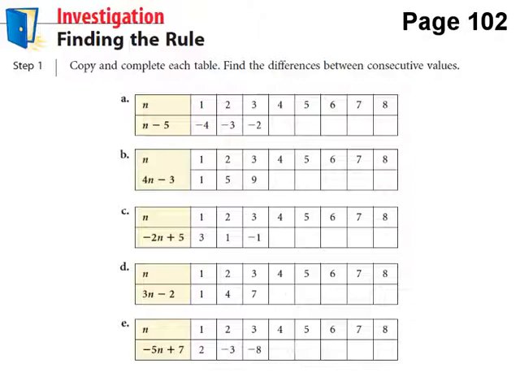Minus 3 is 21. 7 times 4 is 28. Minus 3 is 24. 8 times 4 is 32. Minus 3 is 29. 4 times negative 2 is negative 8, plus 5 is negative 3.